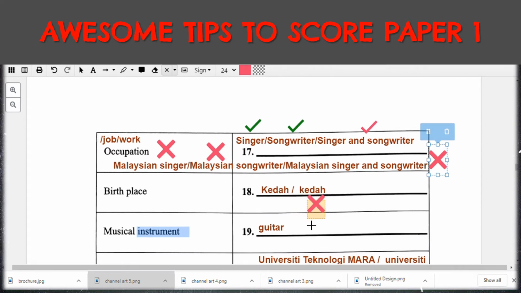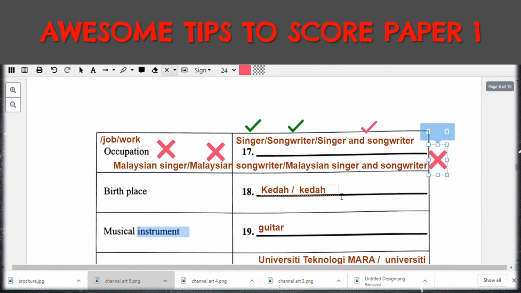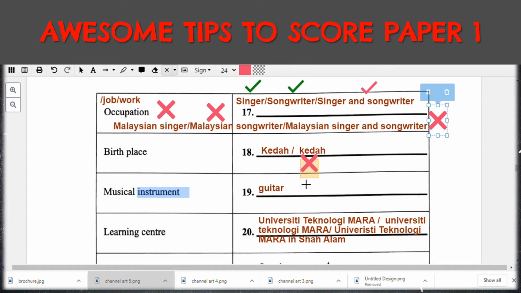A proper noun must be written with a capital letter K. The text wrote Kedah in a big letter, so we cannot accept Kedah in small letter. The only correct answer is Kedah in big letter.